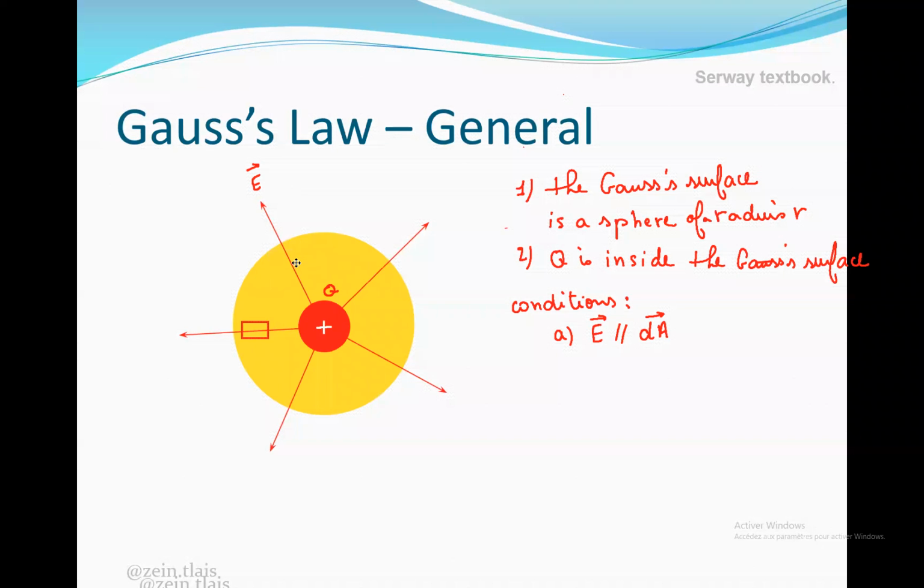We can take, for example, here, this small element. This element has area as magnitude equal dA. And you know, as a vector, dA is perpendicular to this small area. Here we have the dA vector.